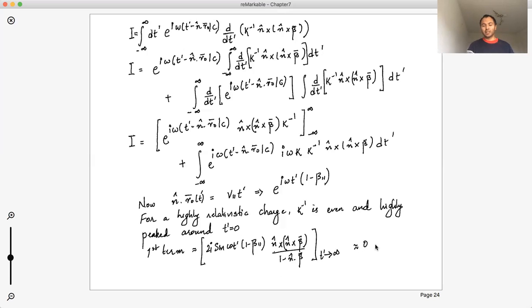You can neglect this, and once you neglect the first term, then the second one is what remains. So you're neglecting the first one in lieu of the second one, because the second one doesn't have the same behavior, right? I mean, kappa and kappa inverse cancel out. So the second term actually is not highly peaked if you look at it. The second term just goes as n cross beta. There's no kappa in the second term. So the second term is not this almost delta function kind of term.